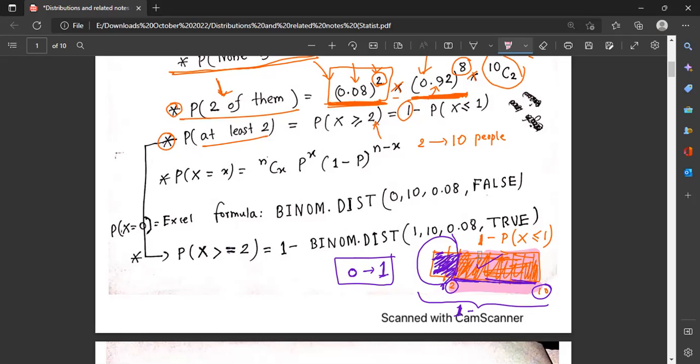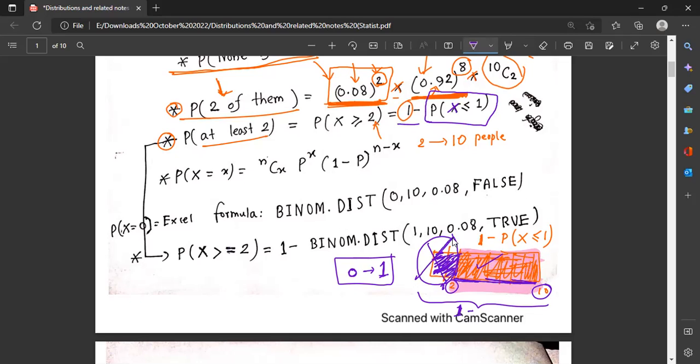So it can be 2, 3, 4, 5, 6, 7, 8, 9, and it can be 10. So this is the answer: 1 minus the probability of being colorblind that is less than or equal to 1. So here x is less than or equal to 1. So we just omit this part from the whole part.